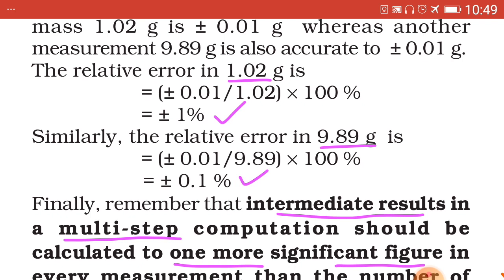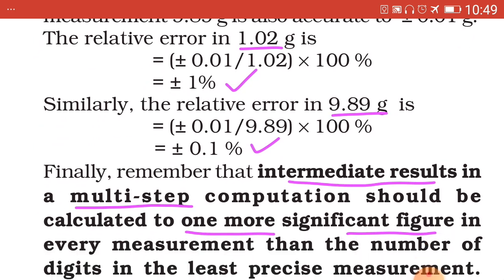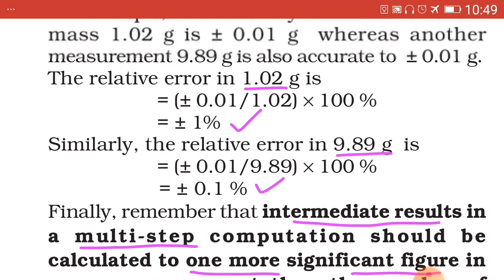Suppose the absolute error would be something else, instead of 0.01 it would be 0.03 suppose, then you have to consider that digit. Here it is the same: 0.01 divided by 9.89 into 100%, which leads to plus minus 0.1%.